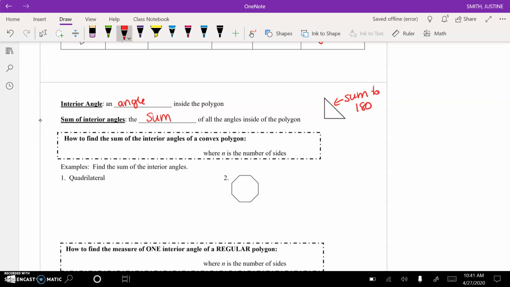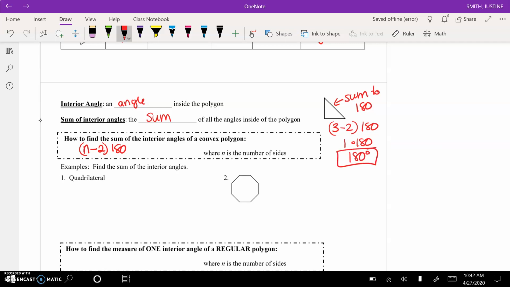So there's a formula that you can use, which is the number of sides minus 2 times 180 degrees. So for example, with the triangle, if we didn't know it summed to 180 degrees, we would have done 3 sides minus 2 times 180 to get 1 times 180, which gives us 180 degrees.